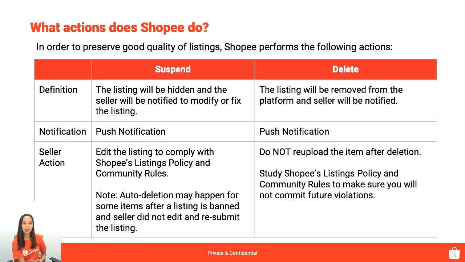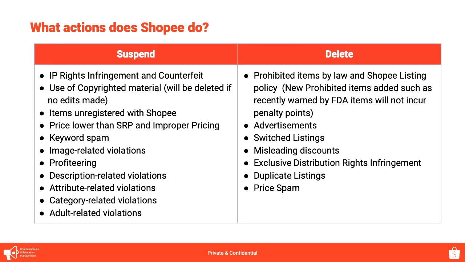So, sa lahat ng mga listing violations, ito yung magiging consequences. So, under suspension, we have yung violations na IP rights infringement and counterfeit, use of copyrighted material, items unregistered with Shopee, price lower than sale retail price or SRP and improper pricing, keyword spam, image-related violations, profiteering, description-related violations, attribute-related violations, category-related violations, and lastly, adult-related violations.